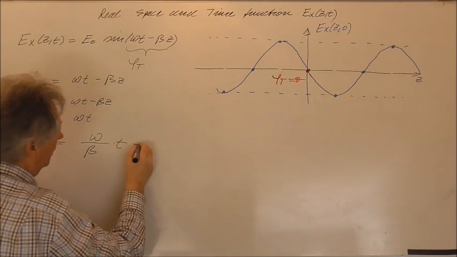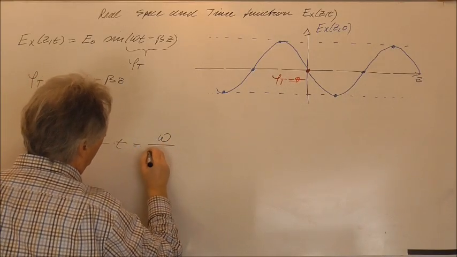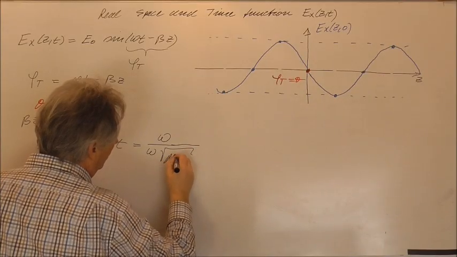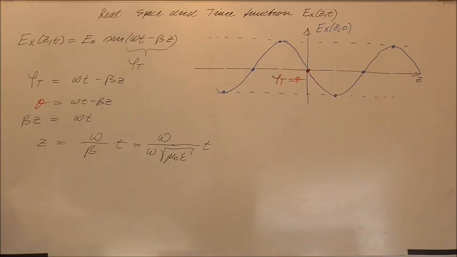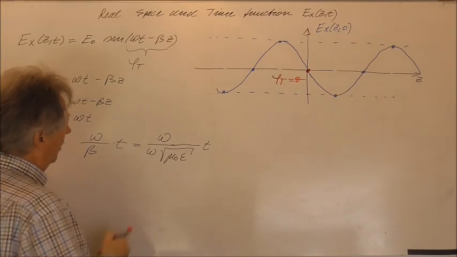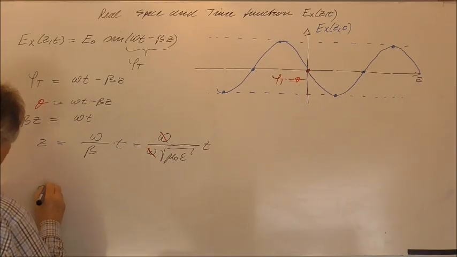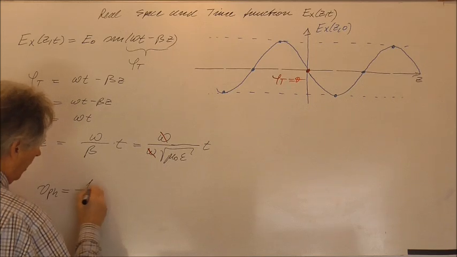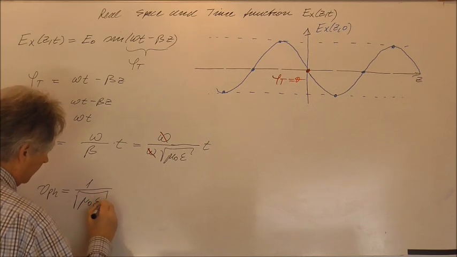Of course we can include here beta, it's omega over omega times the square root of mu naught epsilon, times t, and what we see here, the omega will cancel, and we can say the phase velocity will be 1 over the square root of mu naught epsilon.